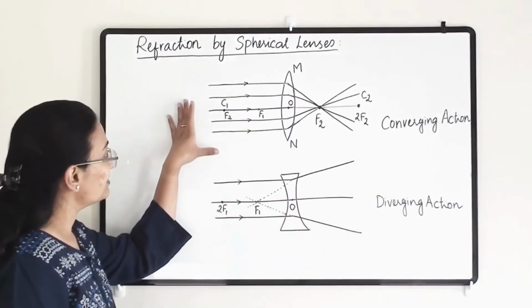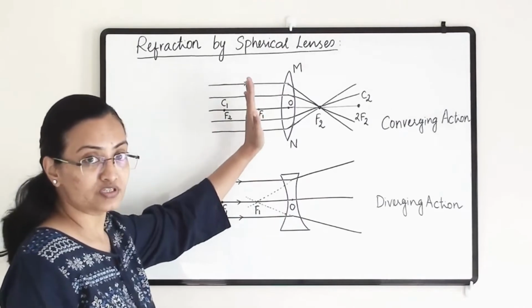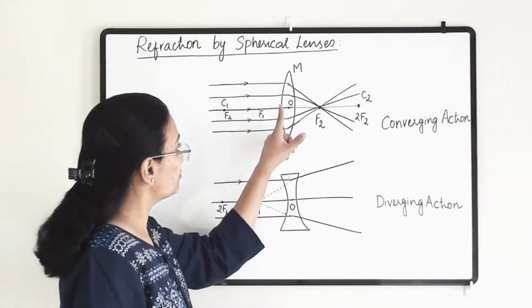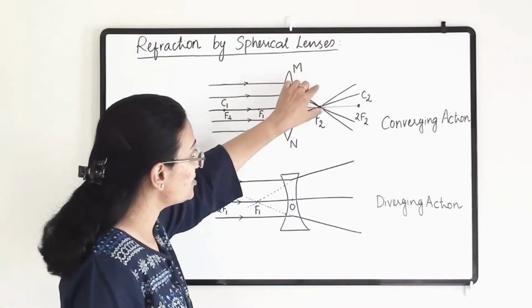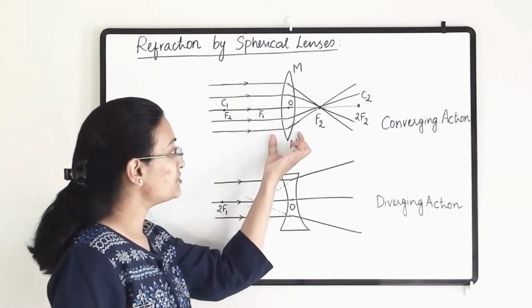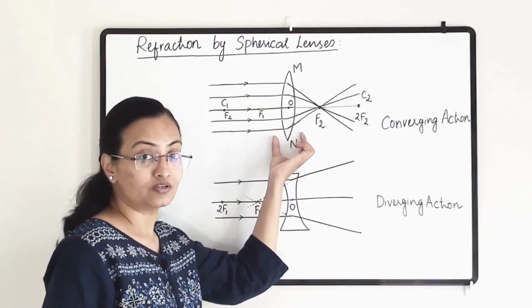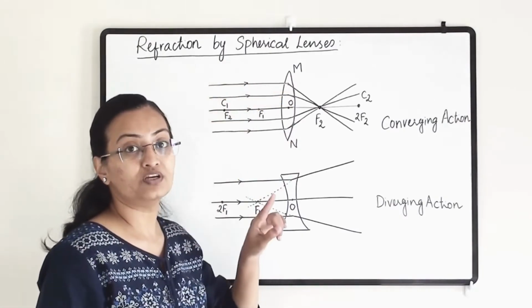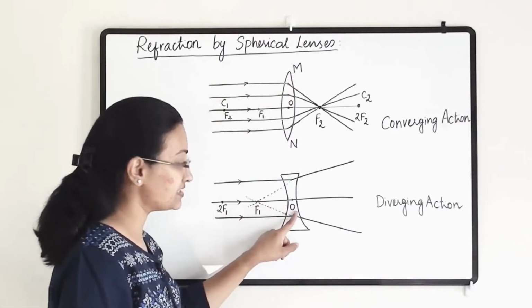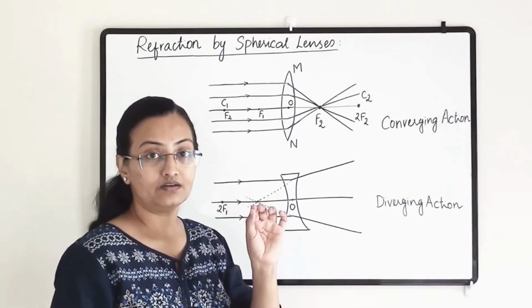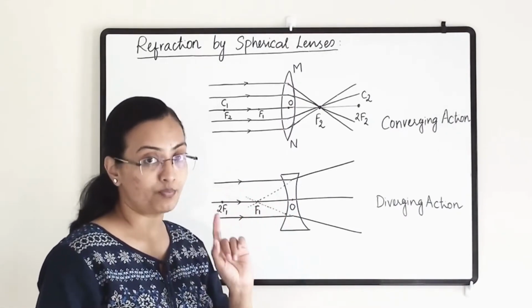When parallel rays fall on one of the surfaces of the convex lens, after refraction all those rays converge at one point, and that point is known as the principal focus of this convex lens. This is the optical center of the convex lens, and this is the optical center of the concave lens. The middle point, the center of the lens, is known as the optical center.